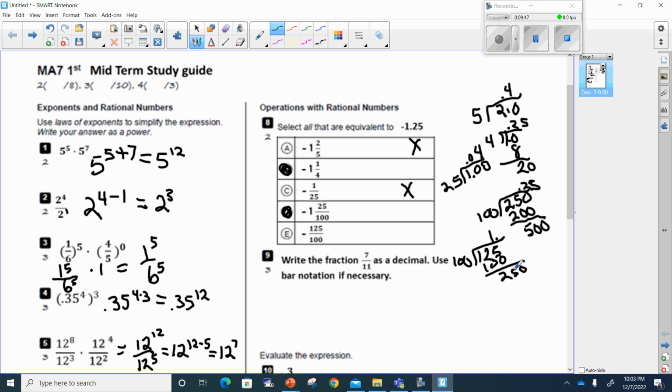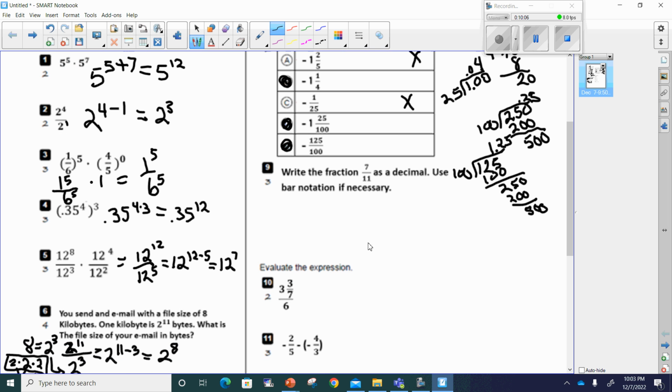I'll put a 0 here. 100 goes into 250 twice. And with my 50 left over, I'll have to add a 0, and 100 goes into 500 5 times. And look at that, 1.25. So E is also correct.